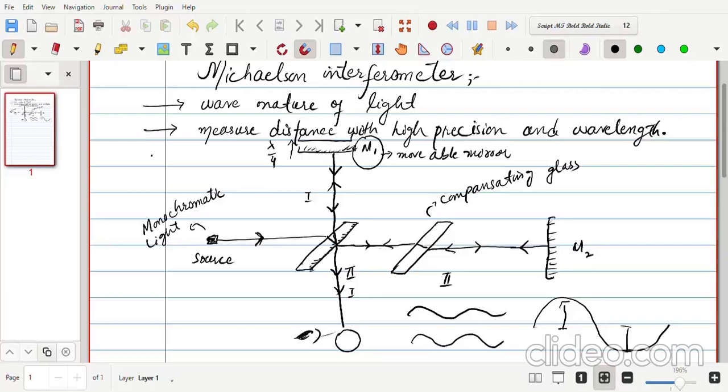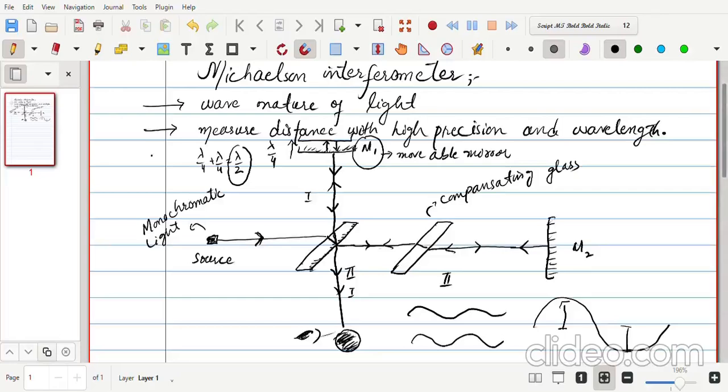The light coming to M1 now has to cover more distance than before. It covers lambda by 4 to move up and lambda by 4 to come down. This lambda by 4 plus lambda by 4 becomes lambda by 2. If there is a path difference of lambda by 2 between these two waves, we get a dark fringe instead of a bright one.